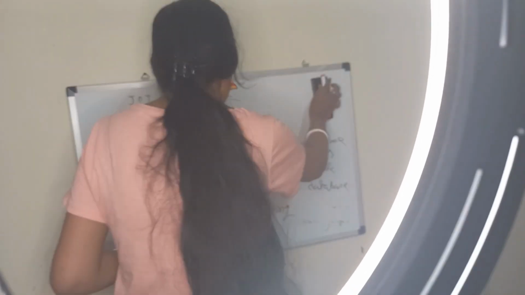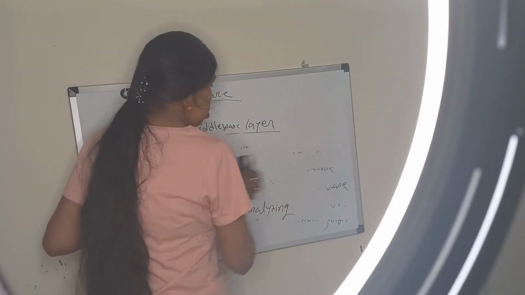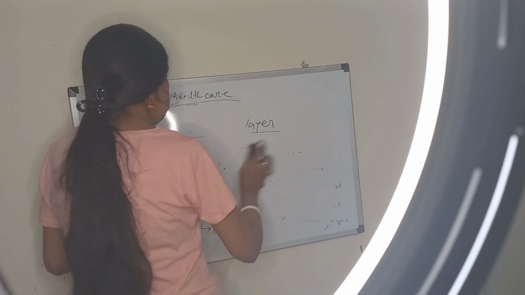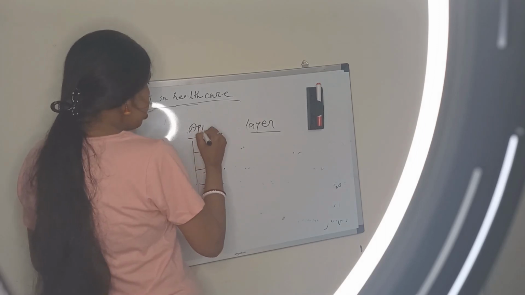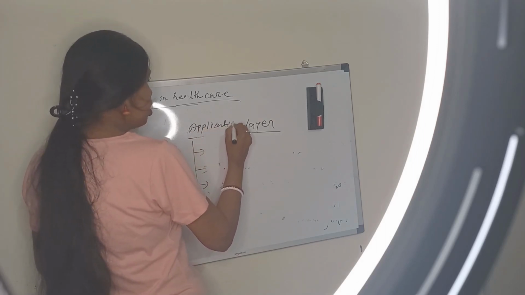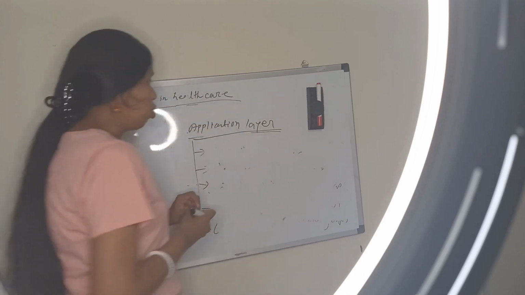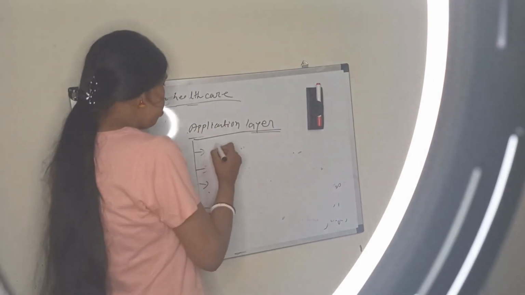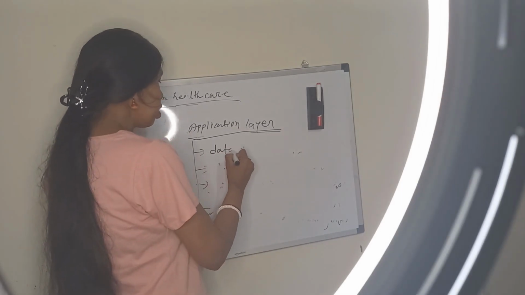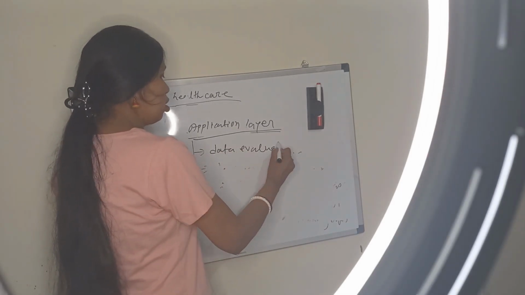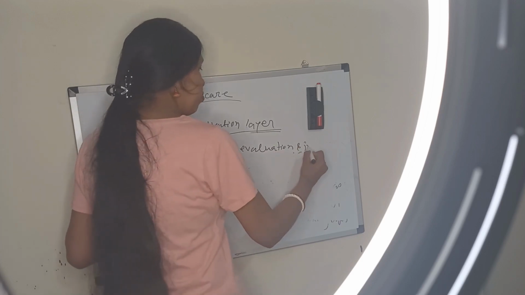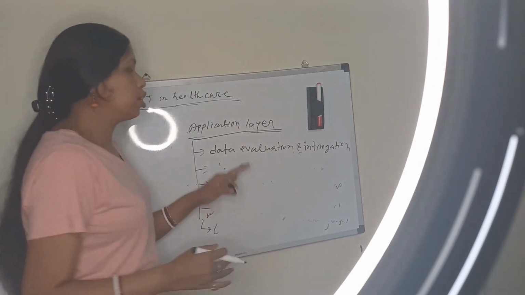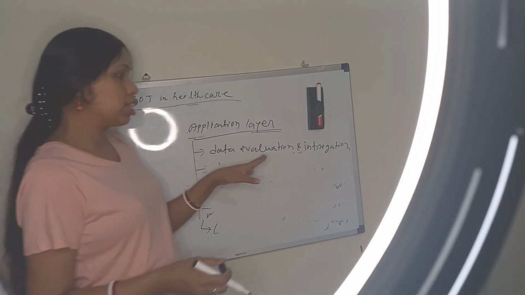Okay, so next is the application layer or business layer. You can call it the application layer. In this case the application layer provides the service. Normally data evaluation and integration are mainly done in the application layer.